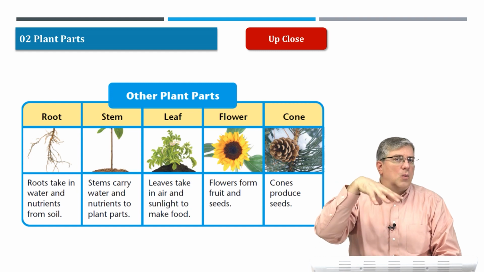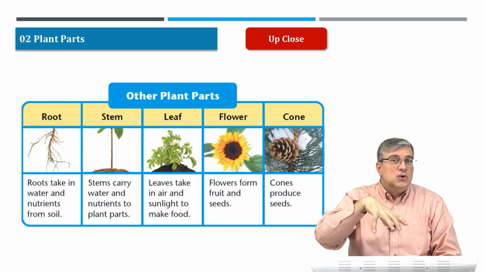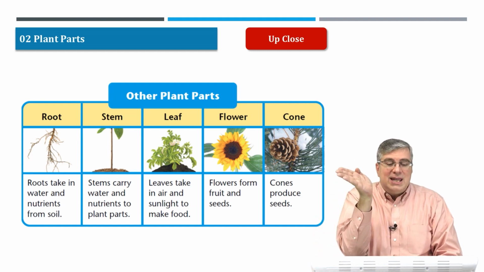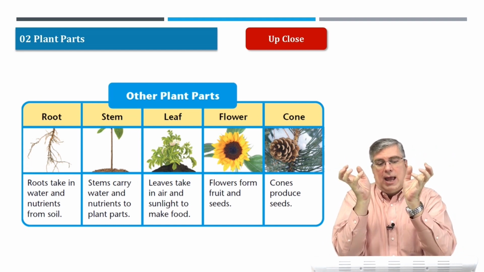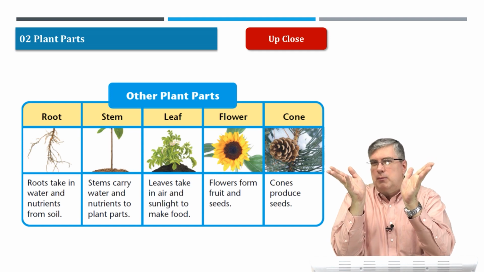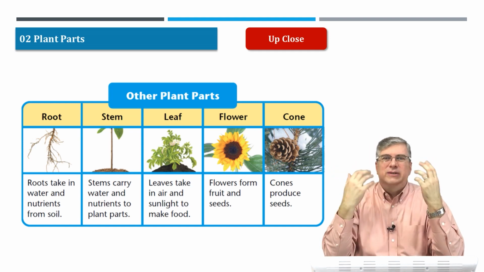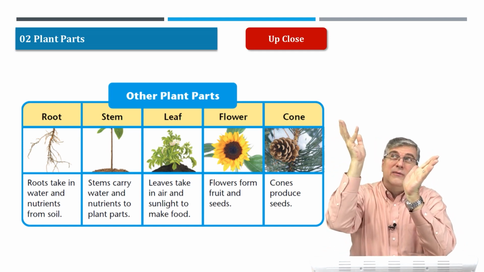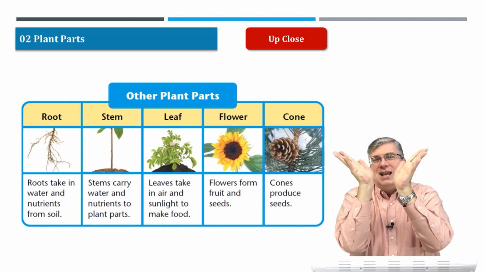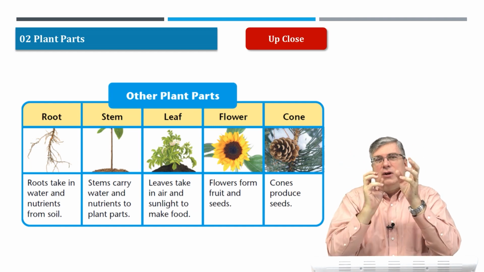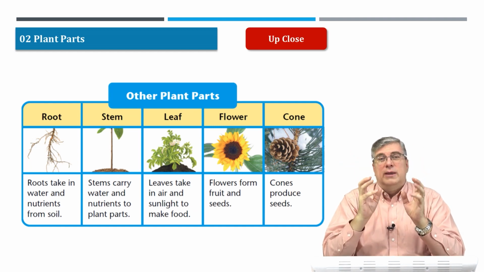Well, roots take in water and they also take in food from the soil, but leaves take in air, right? They breathe the air, and they also, very important, plants do this, we can't do this, they use the power of the sun. The energy of the sun will hit the green leaves and they'll use that energy and turn it into food for the plant.